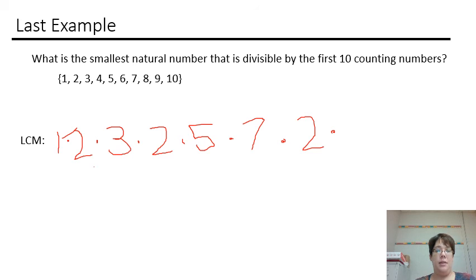Now 9. 9 will break up into 3 times 3. I have one 3, so I'm going to need another 3. And so here's another 3. And then 10, let's see, 10 is going to be 5 times 2. And I already have a 5 and a 2.